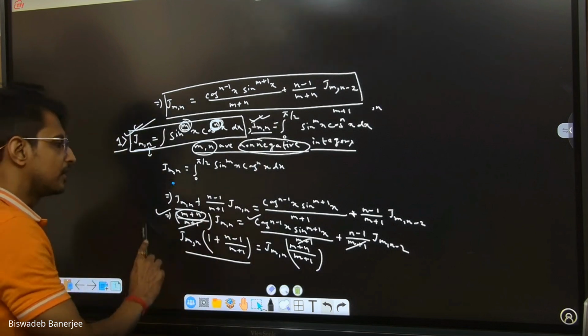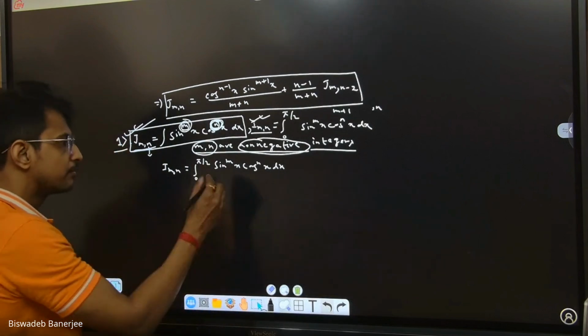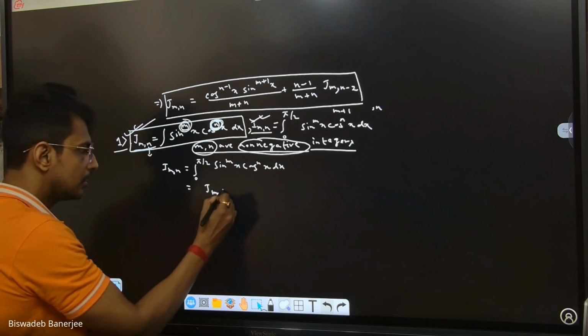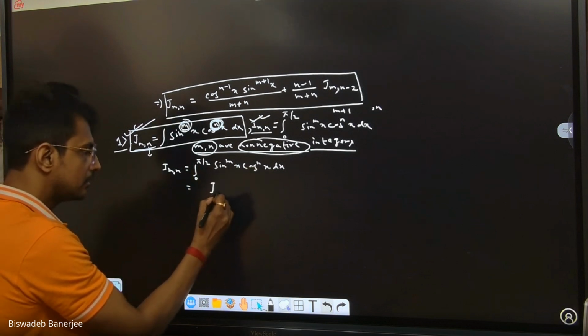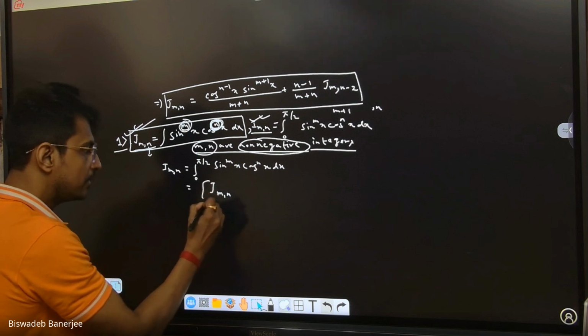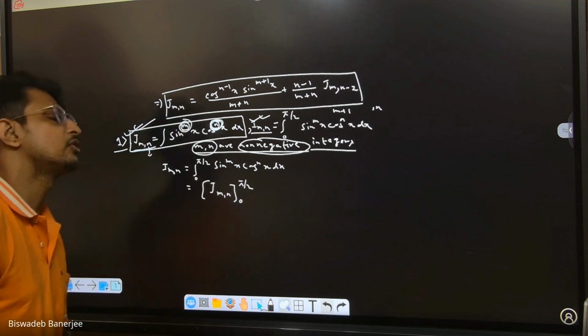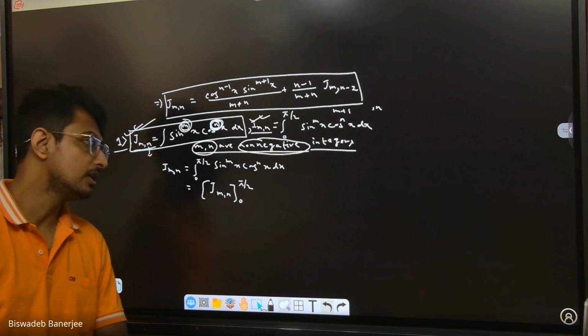So that means this portion is my Jmn, but there is a limit. That is the only difference between Imn and Jmn. We have discussed this in my previous video as well.